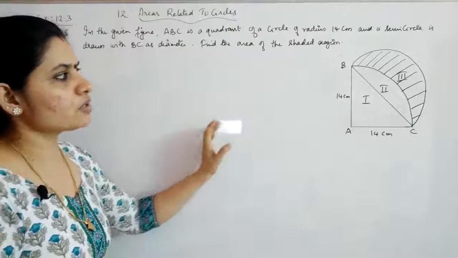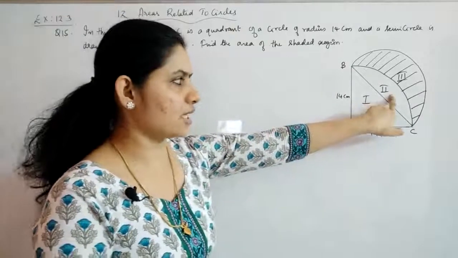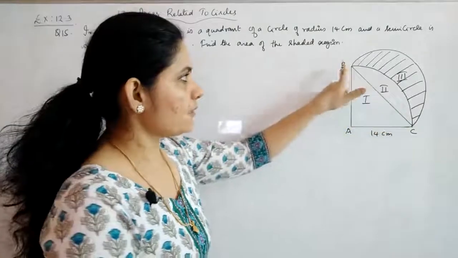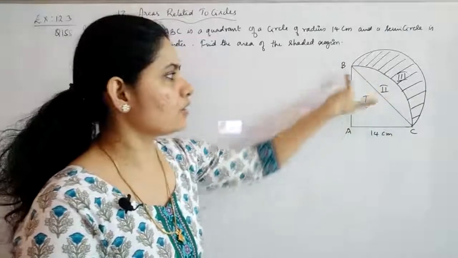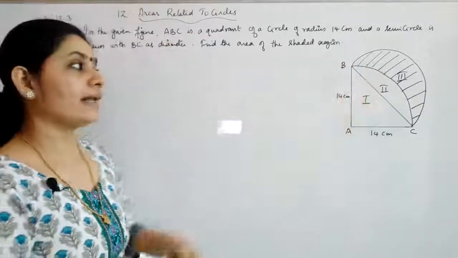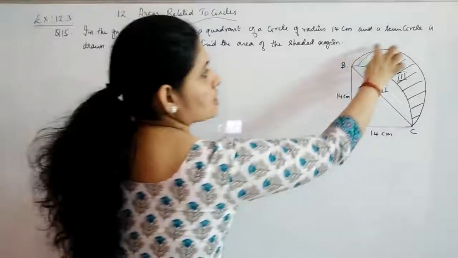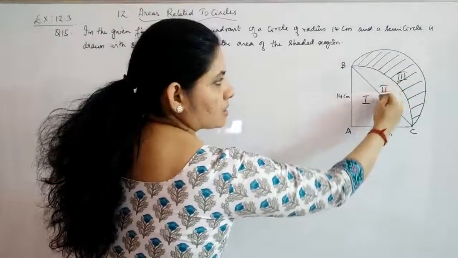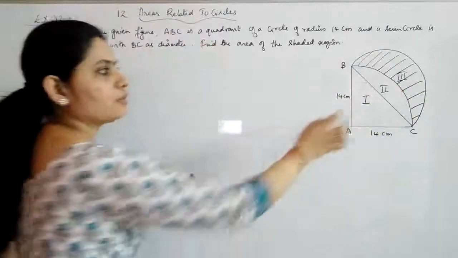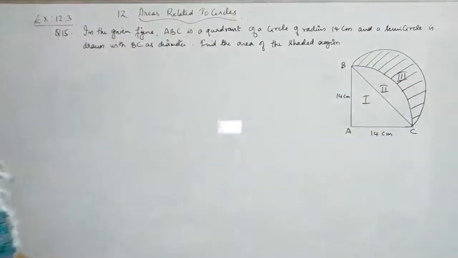For that, what we will do is first we will find out what is the second region's area, and in order to get that, you have to subtract the area of the triangle from the area of this quadrant. Okay, and after that we will just consider the area of the semicircle, this total, minus this will give you this region. So first we will find out what is the area of this second region.